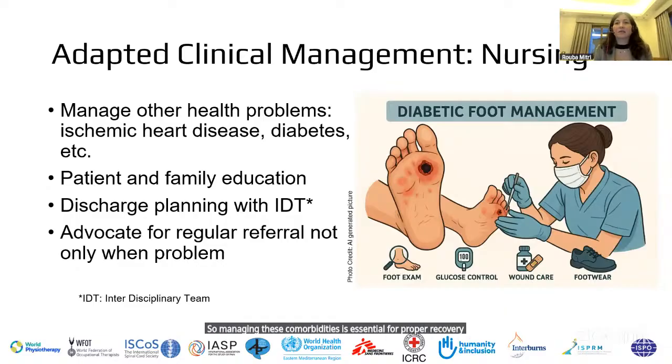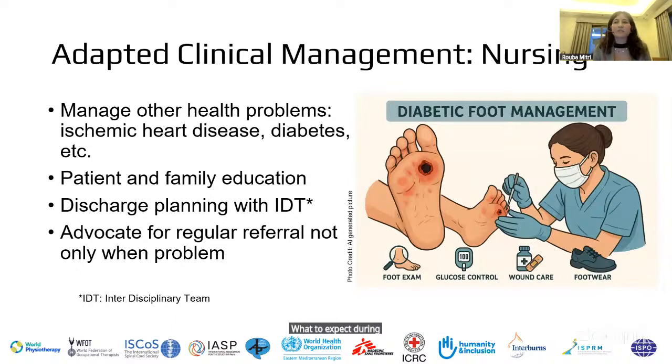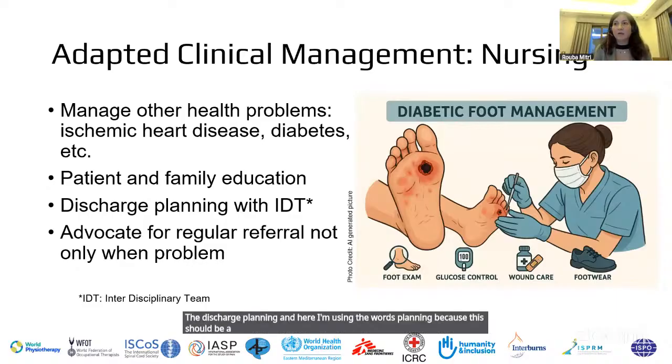In this case, both the patient and the family need to be educated and need to understand about wound care, about the red flags, the signs of infection, how to manage the limb, what to expect during recovery, what's normal, what's not normal.